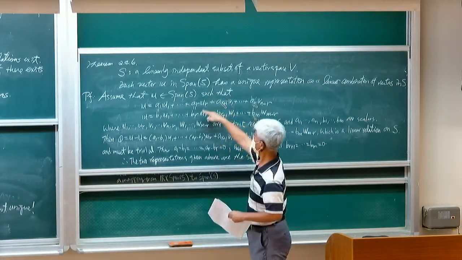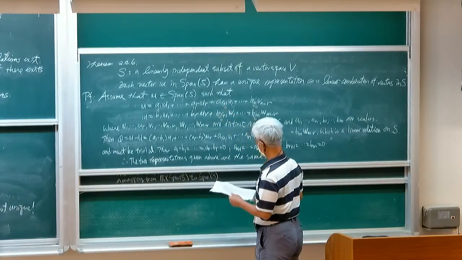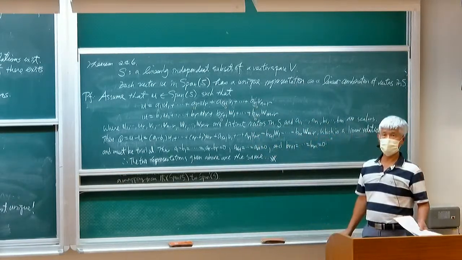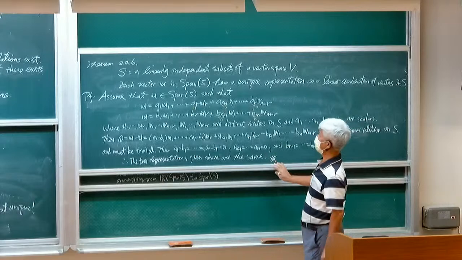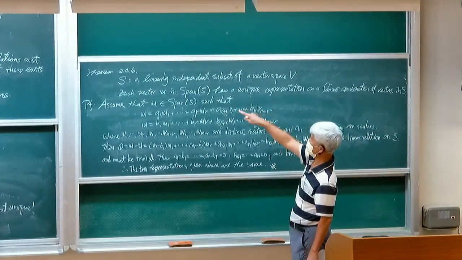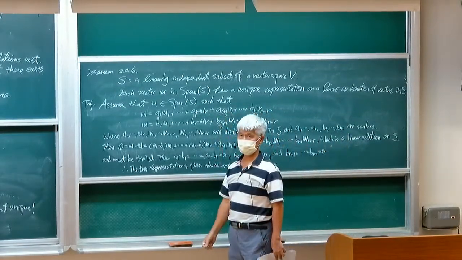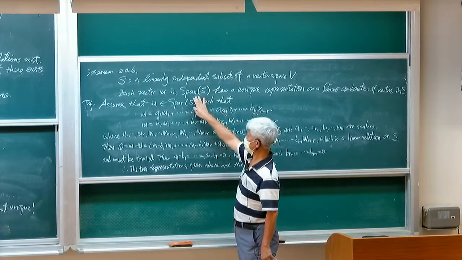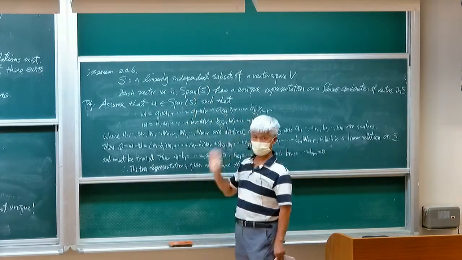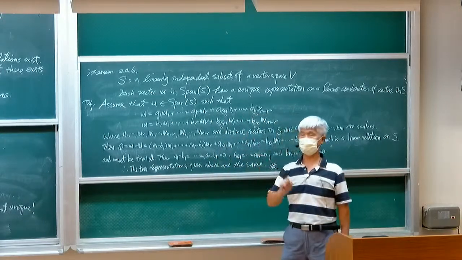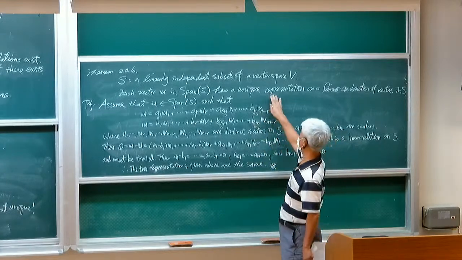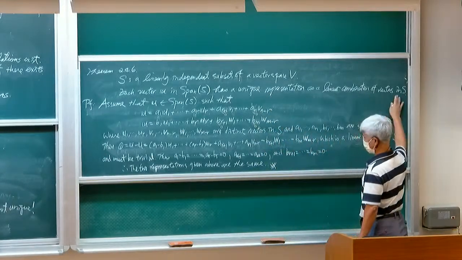Okay, so that they are the same. Okay, and this is the end of the proof. So once the set S is a linearly independent set, then every vector U in the span of X has a unique representation as a linear combination of vectors in S.